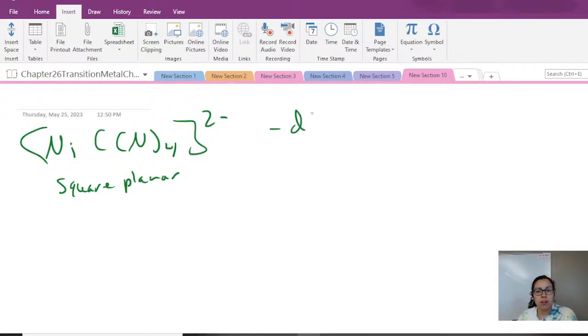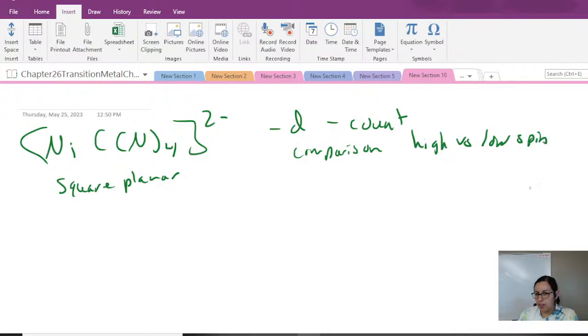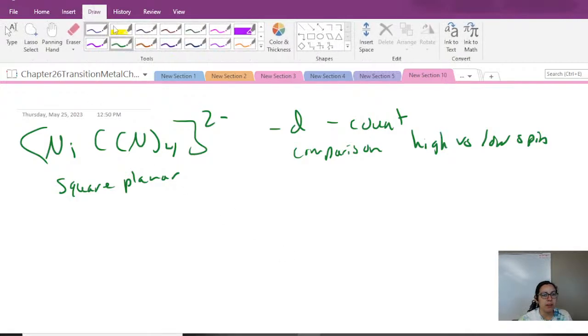Give me the D count and then a comparison of high versus low spin, and tell me how to determine it. Which would be paramagnetic, which is diamagnetic, what am I looking for? Oh, I don't want to do square planar. Tetrahedral.